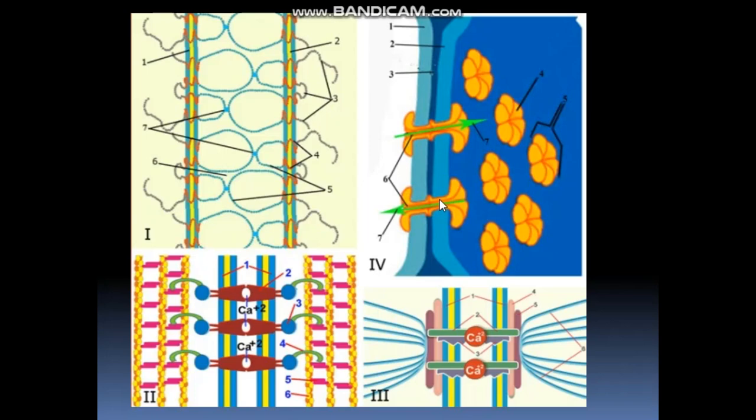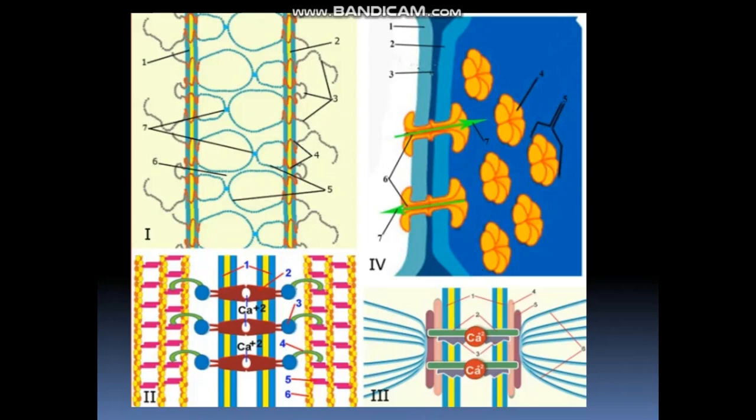Finally, we talked about all of the junctional complexes. That was our tight junction, the adherens junctions, the zonula adherens, and the desmosomes. Finally, we talked about the gap junctions.